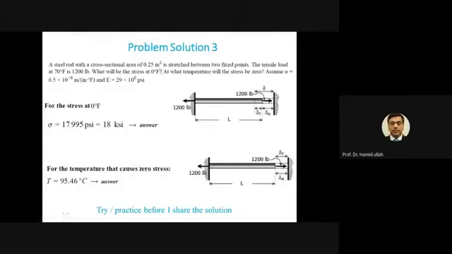What is the stress which could be produced in that body? This is one part. The second part is, at what temperature will the stress be 0? So two parts are there. Again the material property alpha is given for steel, and the E value is given for steel.